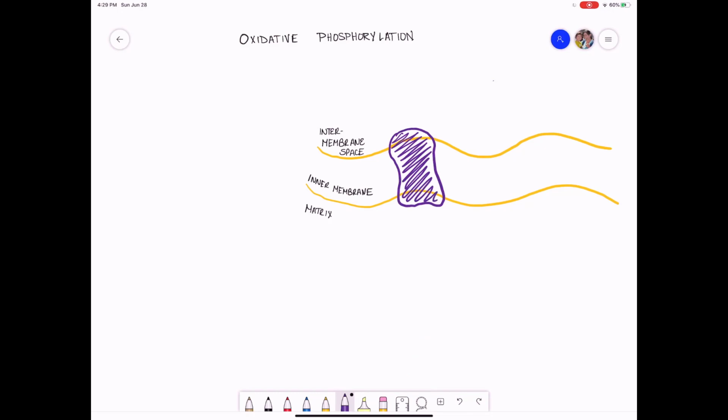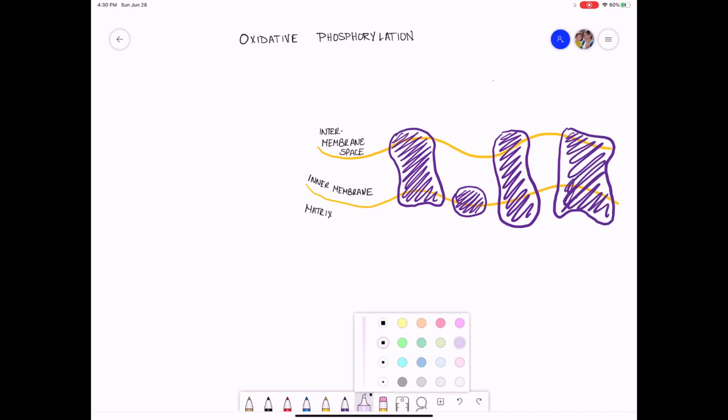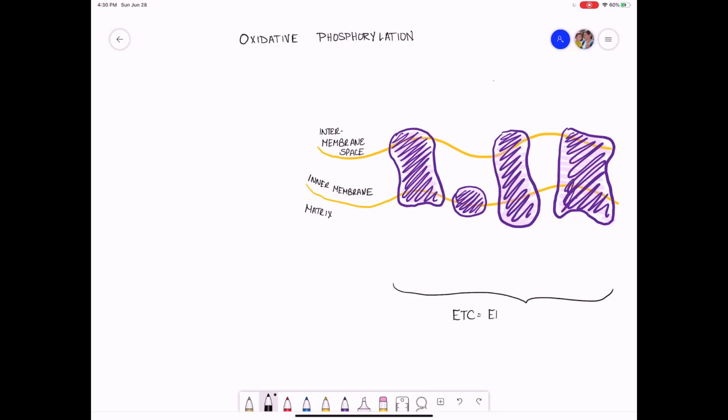Some of those proteins are involved in transferring electrons from one protein to another, and therefore those are referred to as the electron transport chain. Please note that ATP synthase is not part of the electron transport chain. I have 4 proteins drawn here. There's actually more than that, but we're going to simplify and assume there are 4 proteins in our electron transport chain.